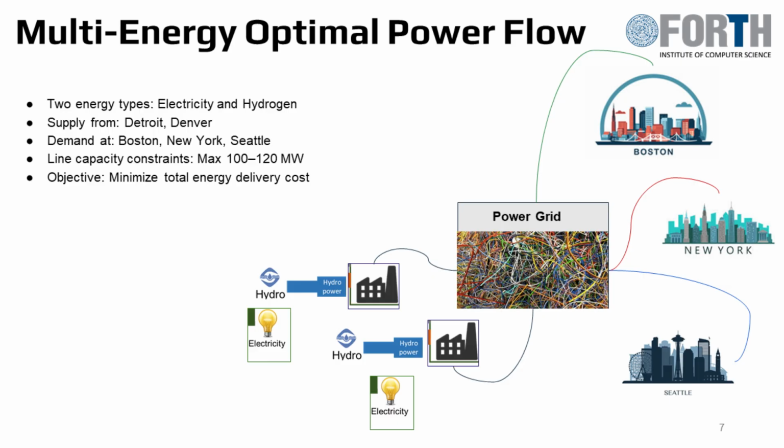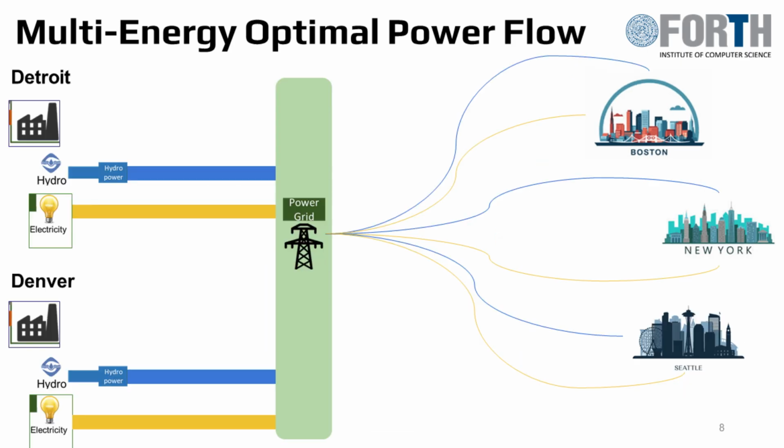The objective in the original formulation is straightforward: minimize total energy delivery cost. This is actually a standard minimum cost flow modeling. So at this stage, we are dealing with a classical minimum cost flow problem over a network extended to multiple energy carriers.